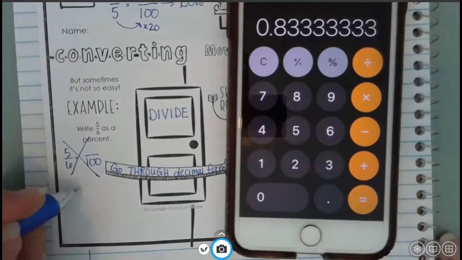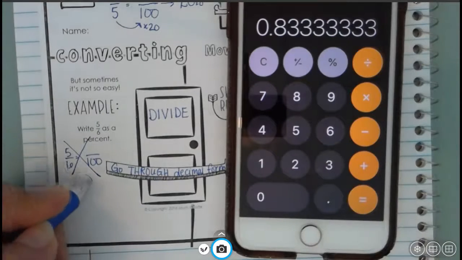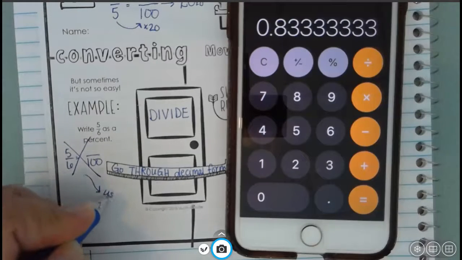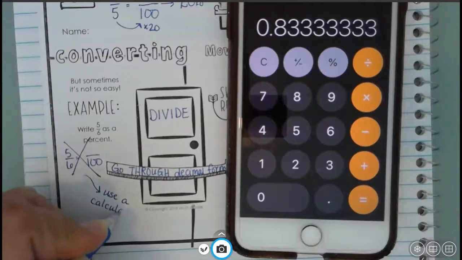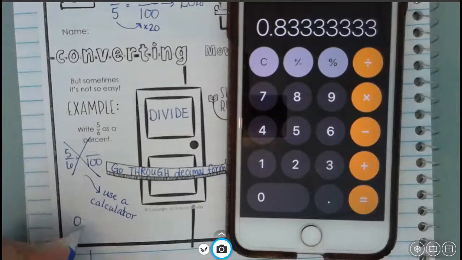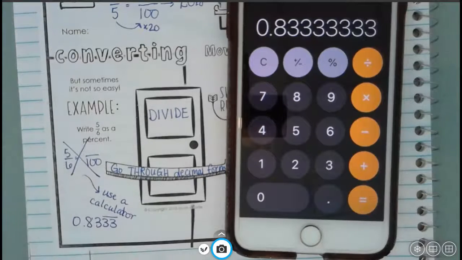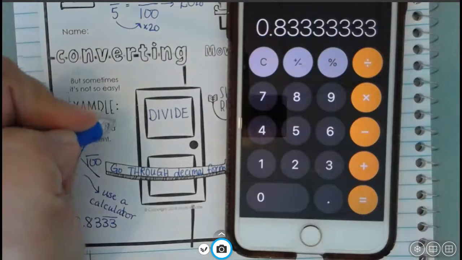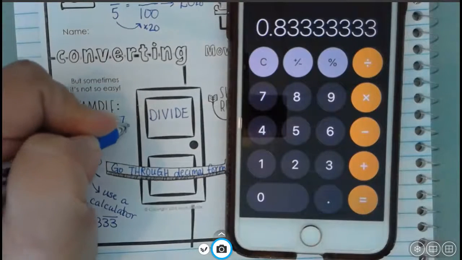Whoa, there's my answer. I simply use a calculator, and I get 0.8333, repeating.